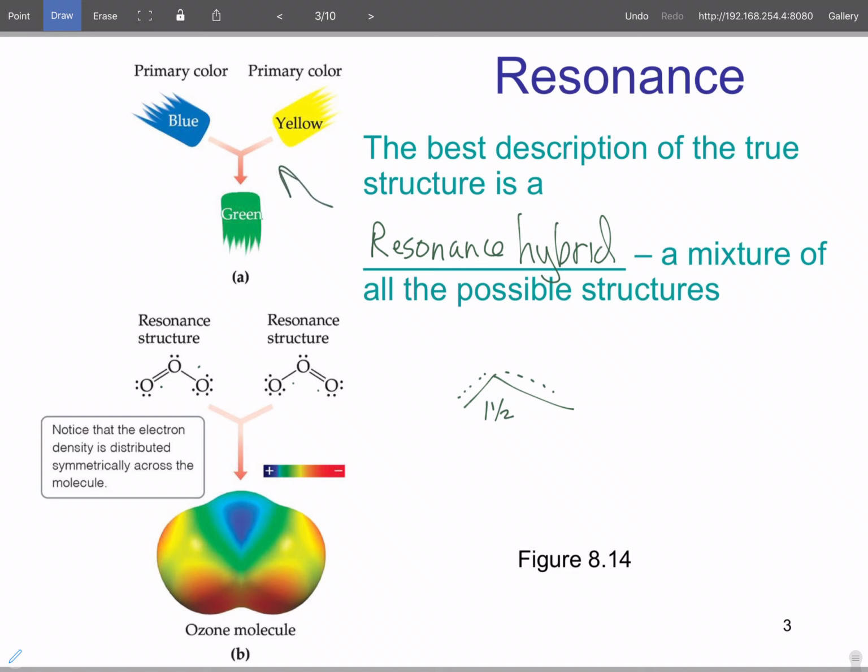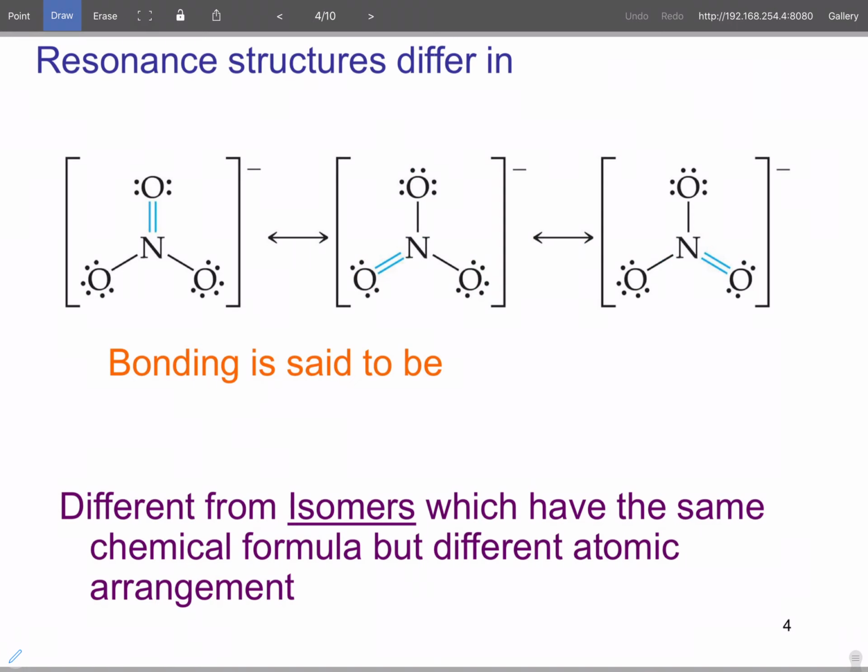You take some blue paint and some yellow paint, equal amounts, and mix them together and you get green paint, which is the true structure if you mix these hybrids. Basically the resonance structures differ in the location of the double bond.